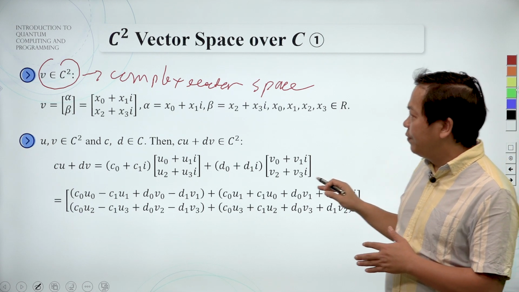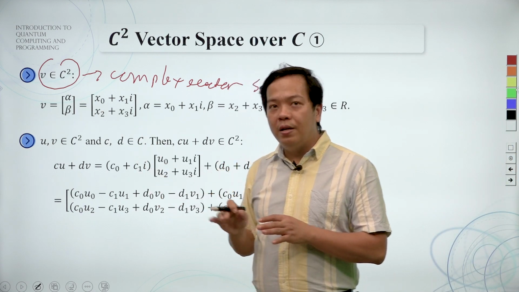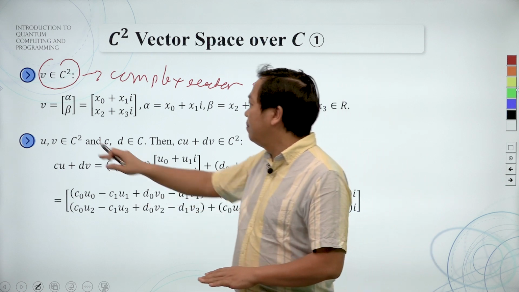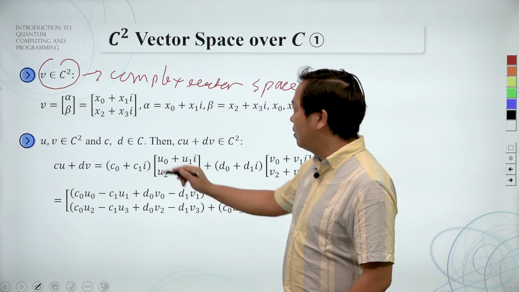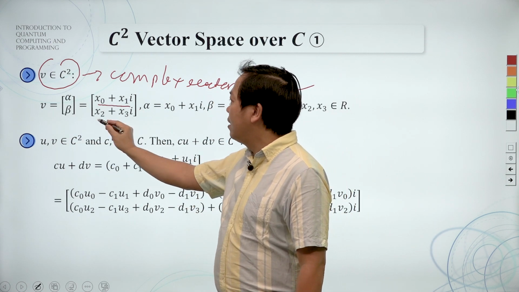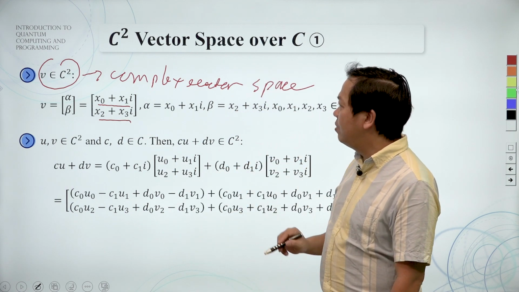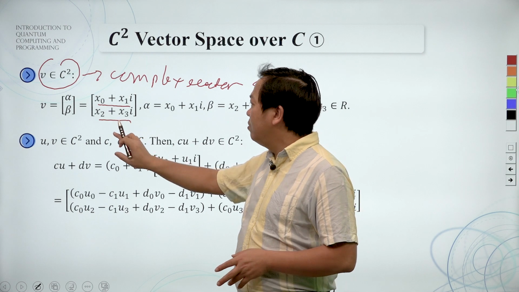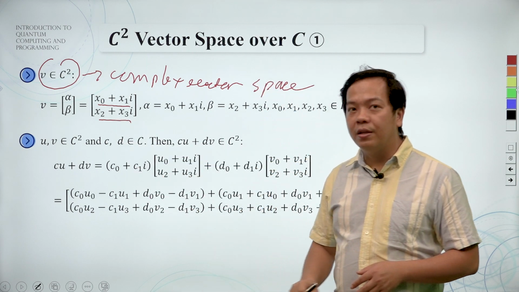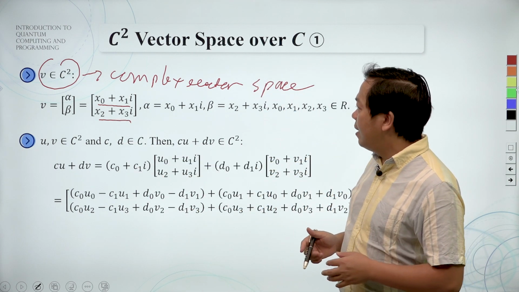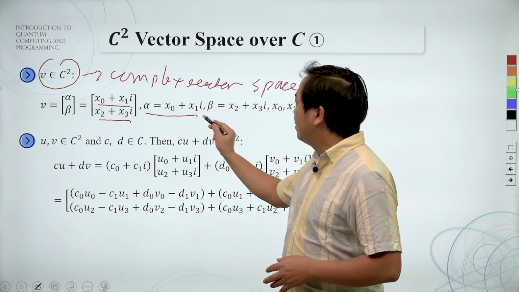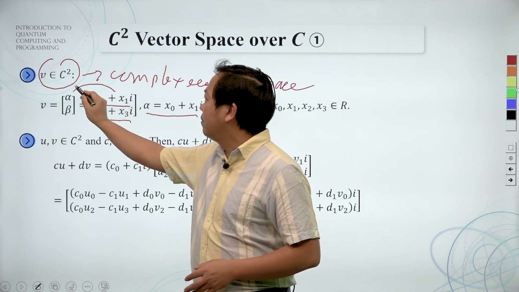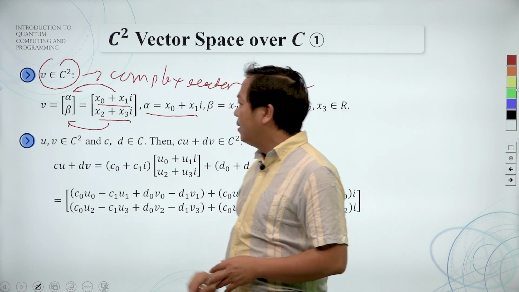We have a vector v that includes 2 values, alpha and beta, and we can represent these with 2 elements: x0 plus x1 i is alpha, and x2 plus x3 i is beta.